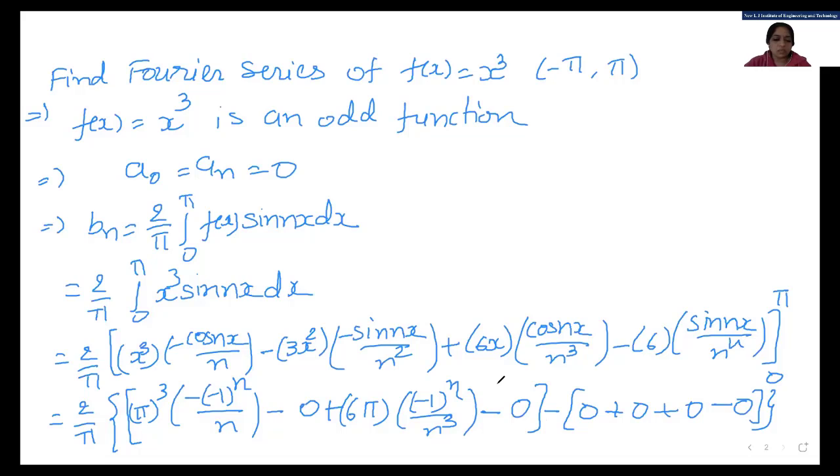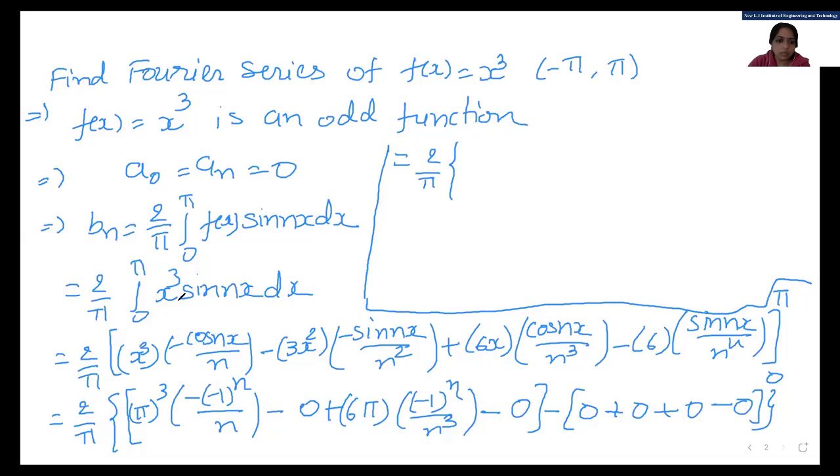So after the simplification of these terms, we see 2 by pi, this is pi cube here, minus, this one is minus 1 raised to n upon n, minus 6 pi, minus 1 raised to n upon n cube, right?